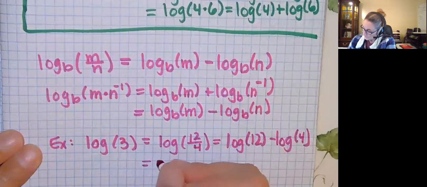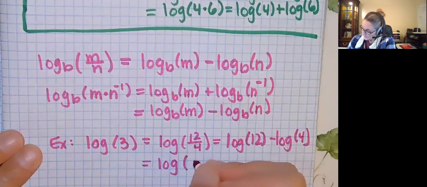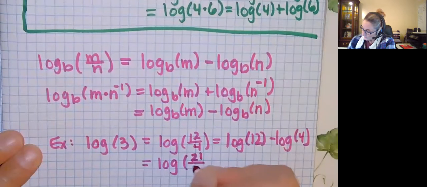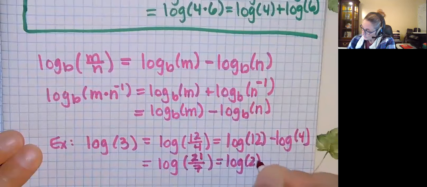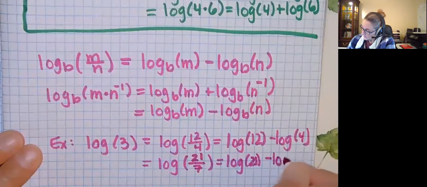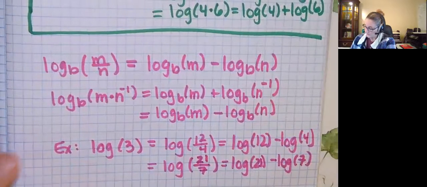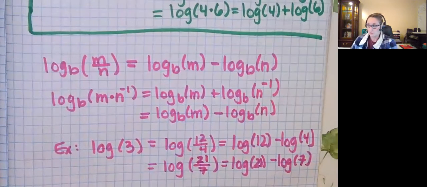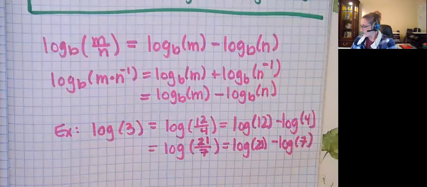Maybe I'm thinking of this as log of, let's say, 21 over 7. And that would be log of 21 minus log of 7. Okay, and that's a 21 right there. And I can do a whole bunch of other quotients that would be the same thing. And again, let me just kind of show you.